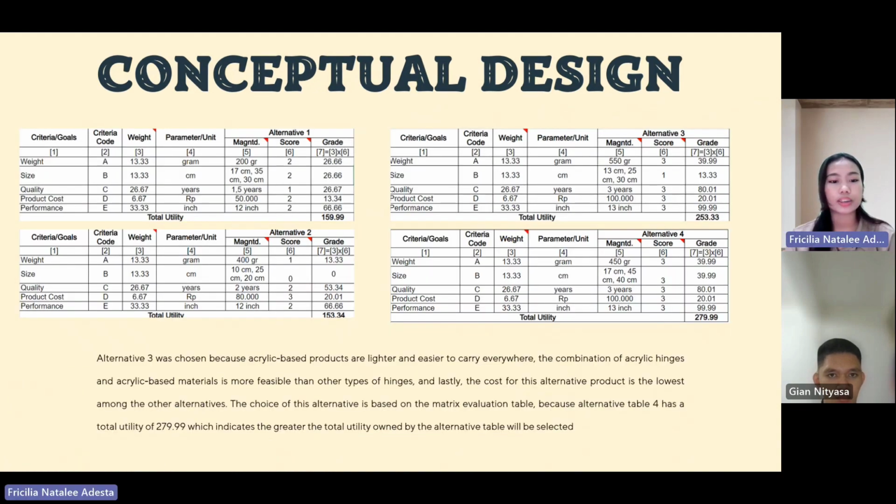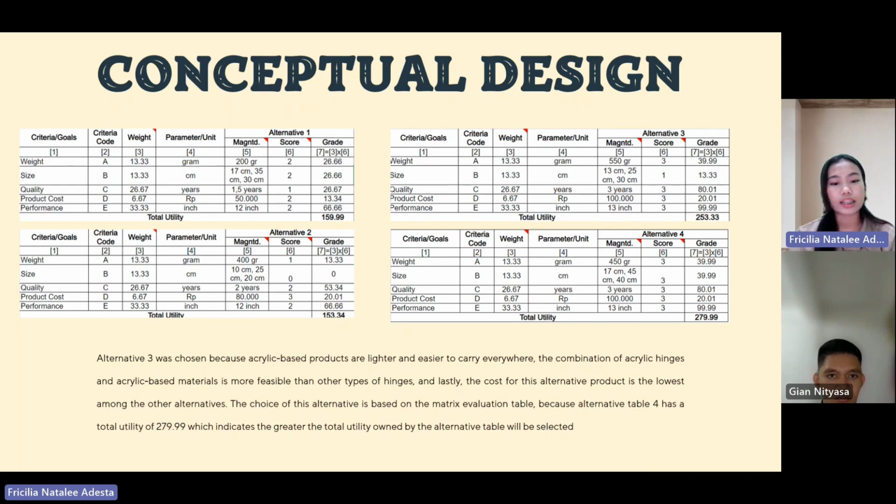Alternative 3 was chosen because acrylic-based products are lighter and easier to carry everywhere. The combination of acrylic hinge and acrylic-based material is more feasible than other types of hinge. And lastly, the cost for this alternative product is the lowest among the other alternatives.